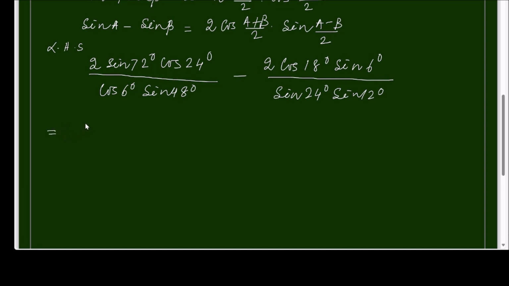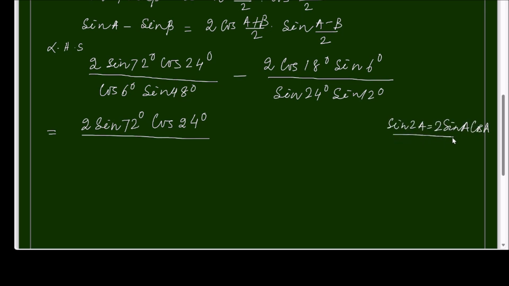In the next step, this will be 2 sine 72 degree cos 24 degree. Now it is time to change the denominator. Here I will apply the formula sine 2a is equal to 2 sine a cos a. So I will apply it for sine 48, so it will be twice sine 24 cos 24, to cancel the numerator cos 24. I am doing all this.